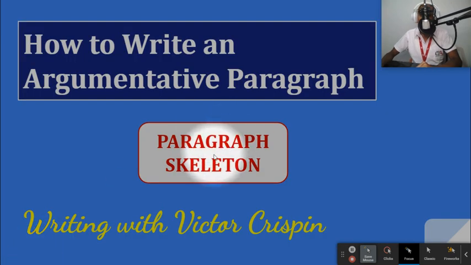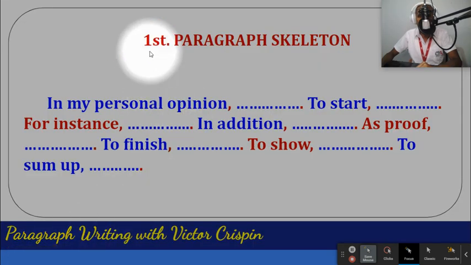In order to write a very robust and solid paragraph, we are going to use paragraph skeletons. Let me share with you a couple of them. As you can see here, we have first a paragraph skeleton. After this phrase, in my personal opinion, you put your topic sentence. Then you have this connector transition word that says to start. And here you write your first supporting sentence.